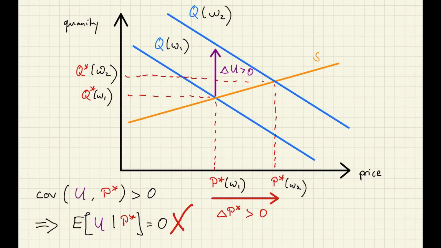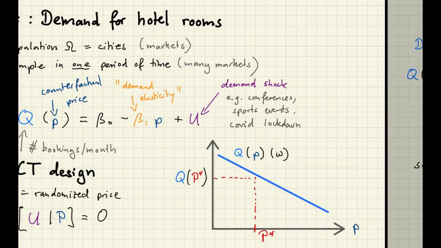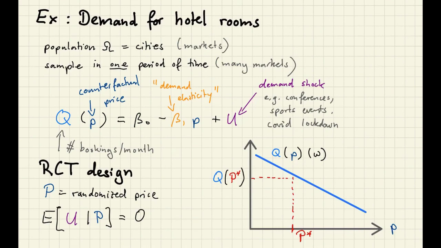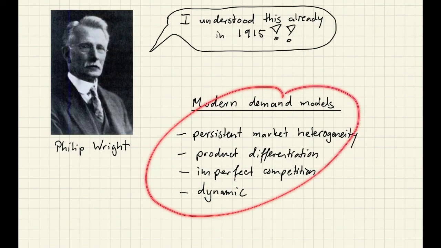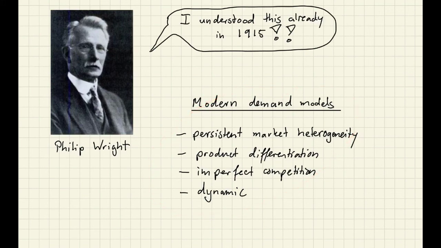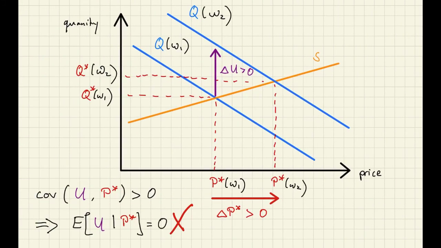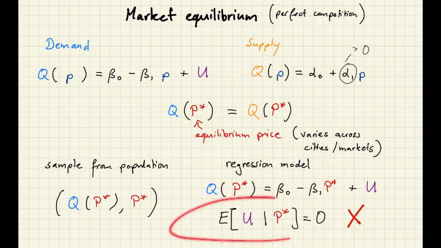And that is not very realistic because when you make plans for staying in a particular city today, you may not travel to the same city in the near future. So our demand decisions take place in a dynamic environment rather than a static one. Modern demand models incorporate all of these facets, and they can be estimated by using clever estimation strategies that circumvent this problem of price endogeneity.